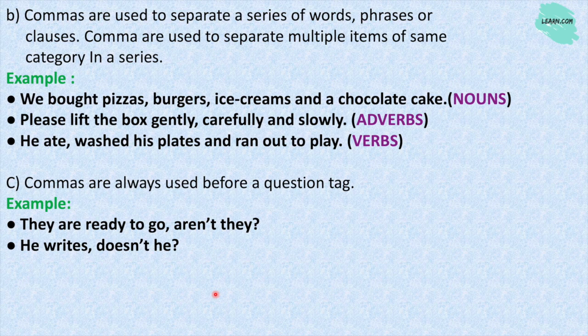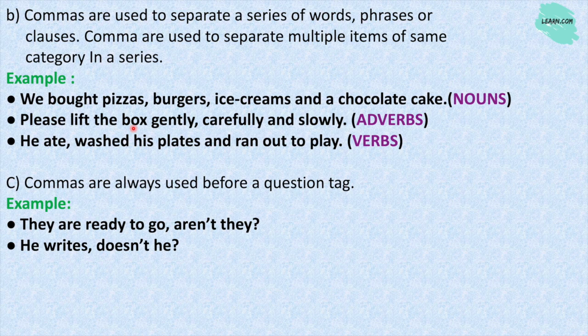Now, commas are used to separate a series of words, phrases, or clauses. A comma is used to separate multiple items of the same category in a series. Now, this is a very common use of comma, whereby when we use multiple items of the same category, then we use comma.